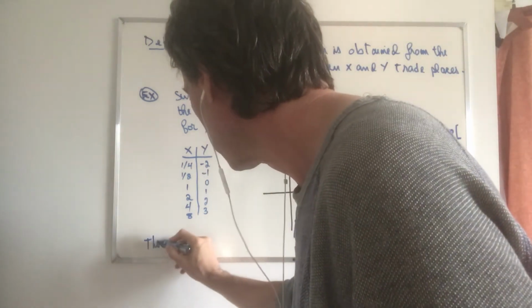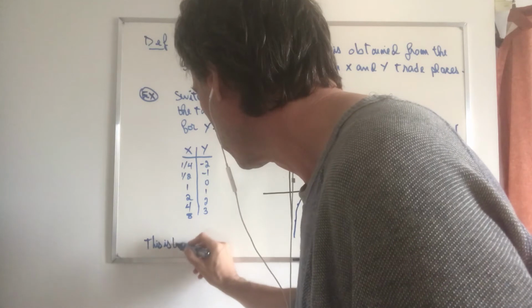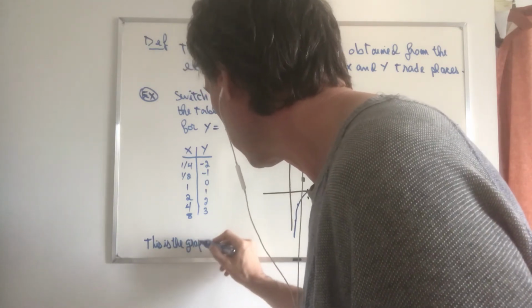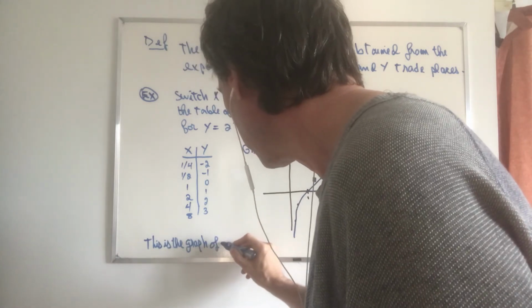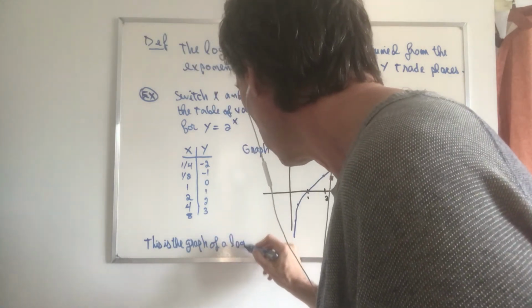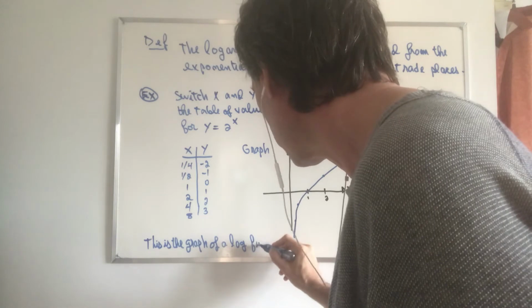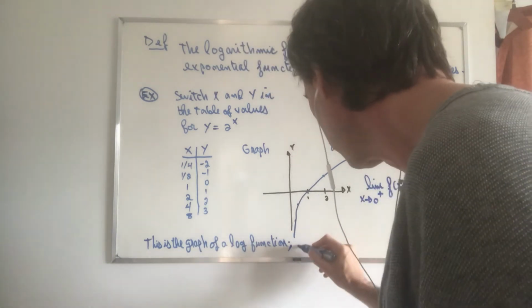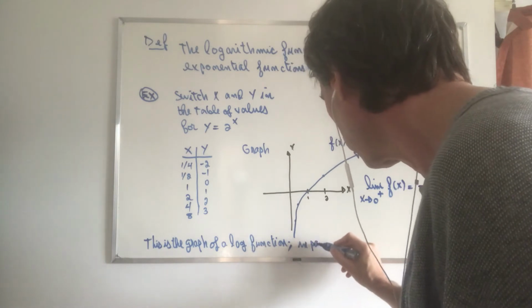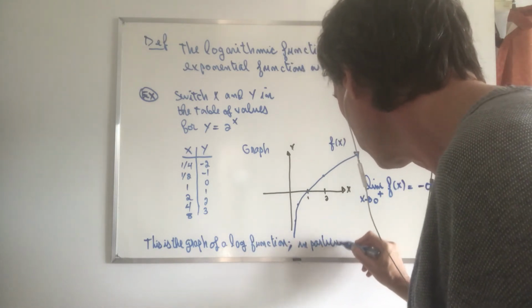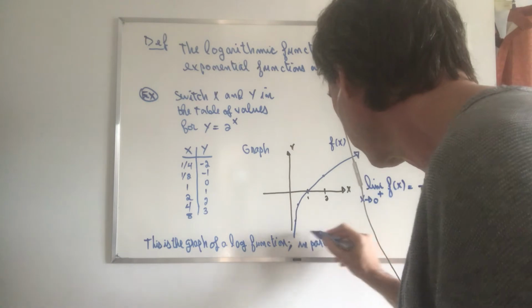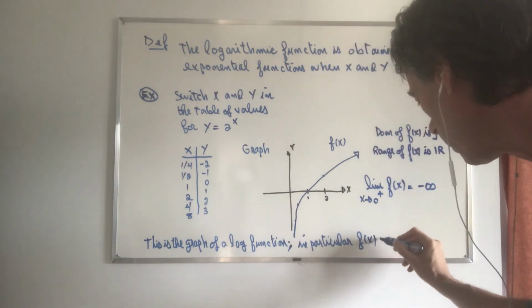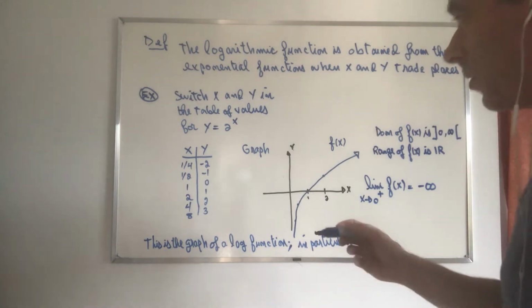This is the graph of a log function. In particular, this is the graph of f of x equal to, okay, I'm going to introduce the notation.